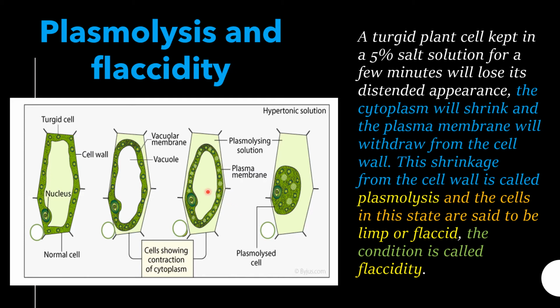Inside, water concentration is more, solute concentration is less. Outside, water concentration is less and solute concentration is more. That's why water molecules move from inside to outside. Then what type of osmosis is happening here? Yes, during plasmolysis, very important, exosmosis will occur because the cell is placed in hypertonic solution.